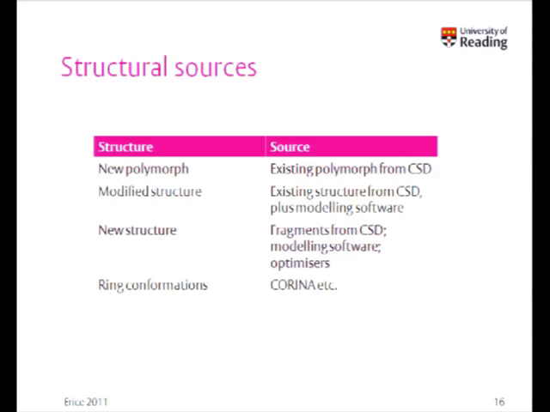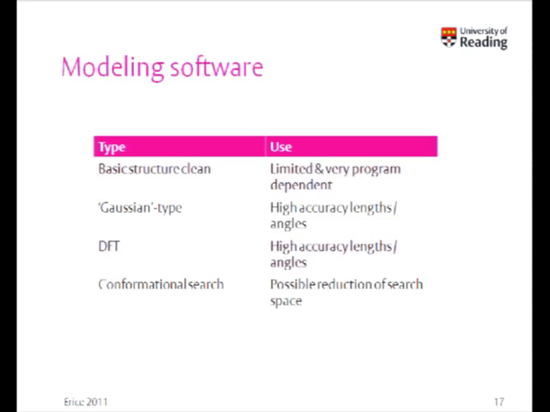If it's a completely new structure, you can quite easily pull together known fragments from the CSD and stitch them together to create that. Or you can start from scratch with some molecular sketching, followed by the use of optimizers. And if your molecule has various fused ring systems whose conformations you're not exactly sure of, then you can use other programs such as Corina to come up with likely starting conformations. So there's plenty of prior information out there.